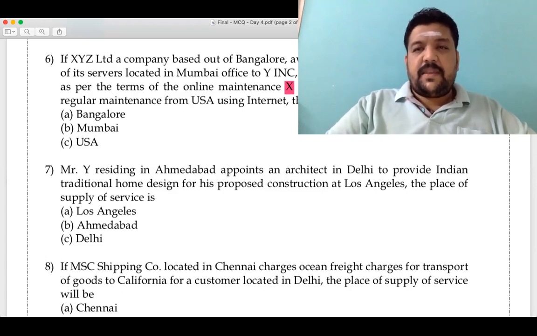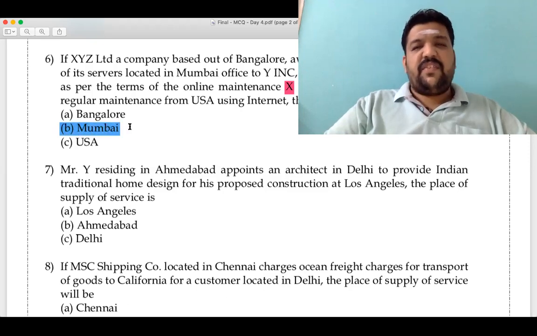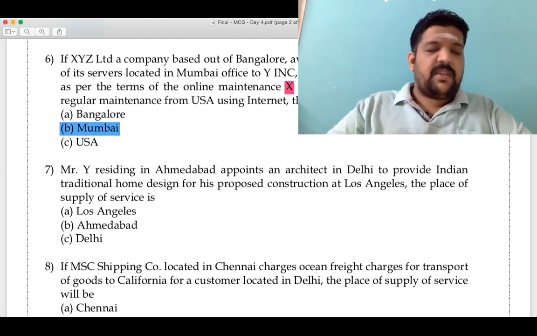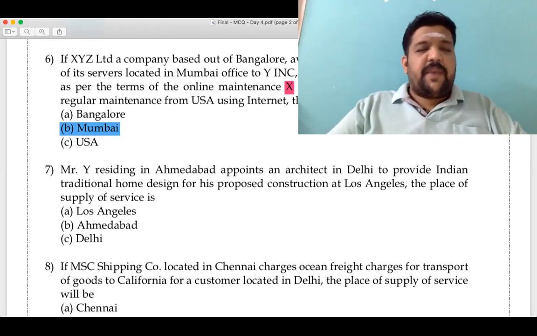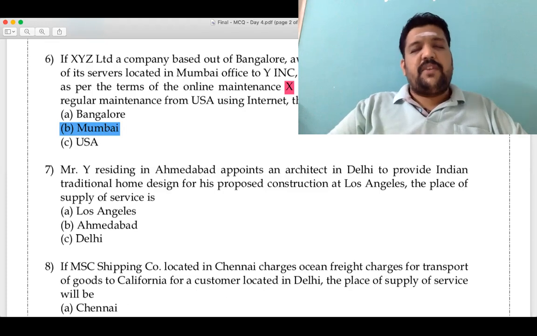Section 13, subsection 3 highlights to us: in case of any services where the physical presence of the goods is made available by the recipient to the supplier of service, the place where the service is performed would be the place of supply.